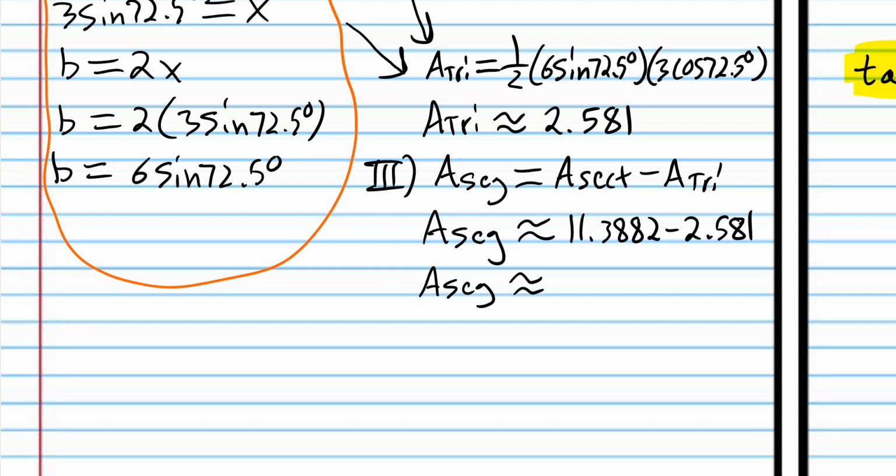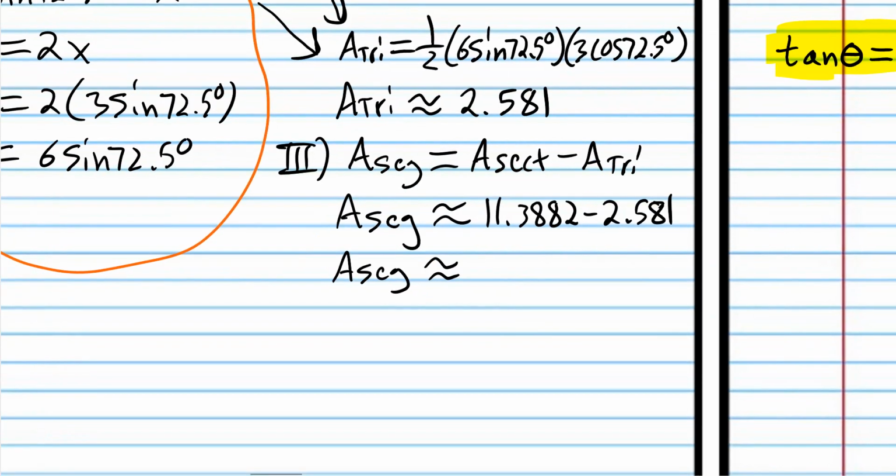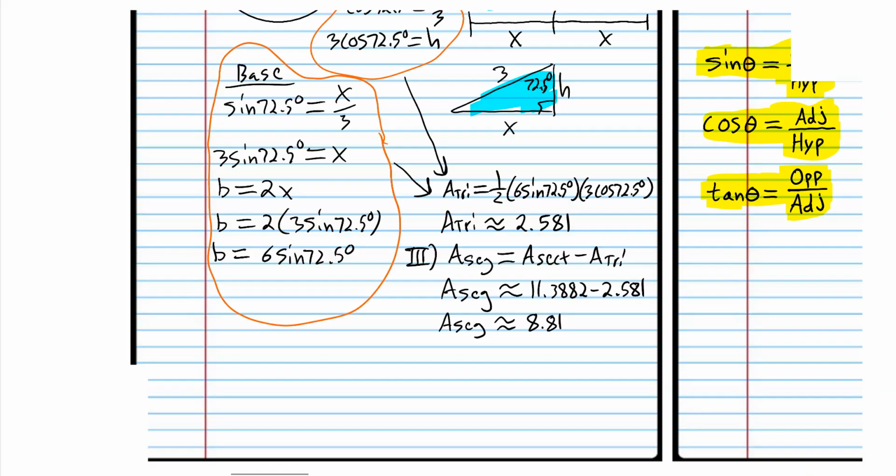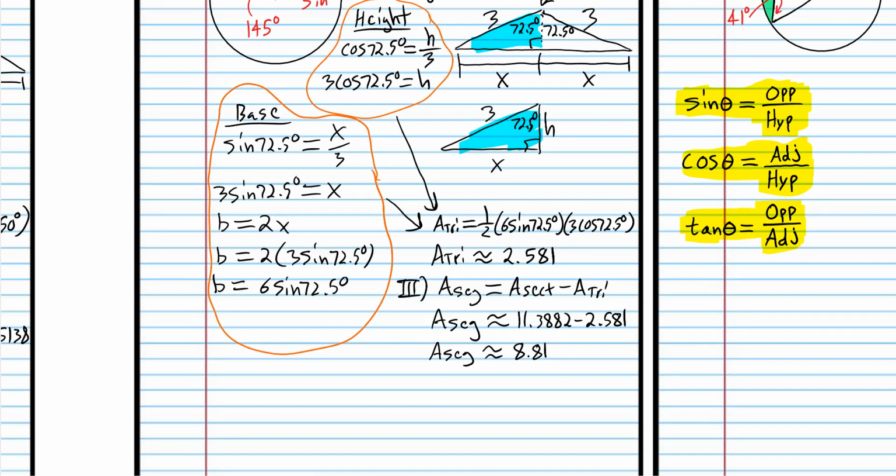So you can keep that 2.581 in your calculator and push minus 11.3882 equals, and you're going to get a negative number if you do it that way, but we just change it to positive, so we have 8.81, and the units are inches, so square inches.